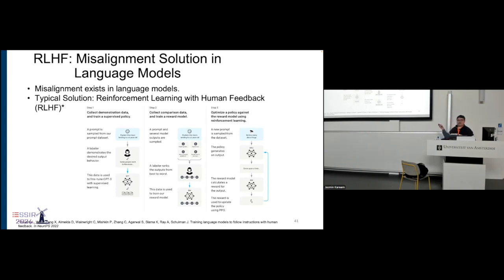Then in the third step, they use a technique called proximal policy optimization based reinforcement learning, which is quite complicated to describe in 10 minutes. But the idea is that this is a trial and error approach.